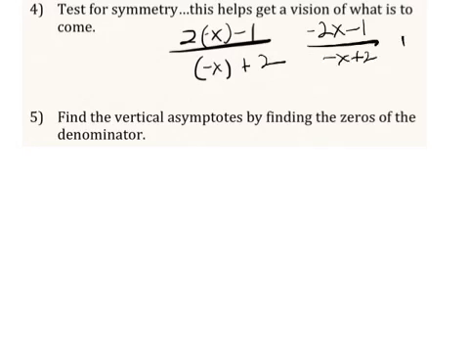The whole thing didn't change, so again, it's neither. Alright. So then we want to find our vertical asymptotes. Again, we did that by saying that our zeros of our denominator are at x equals negative 2, because x plus 2 was all that was left on the bottom after we divided away all our factors. Okay, so our vertical asymptote's there.